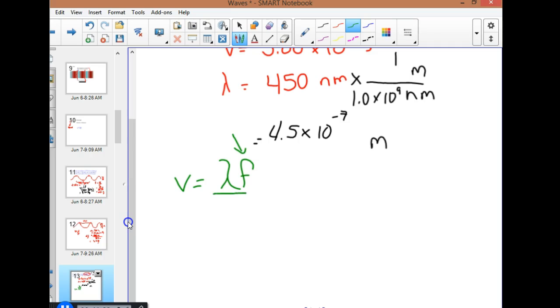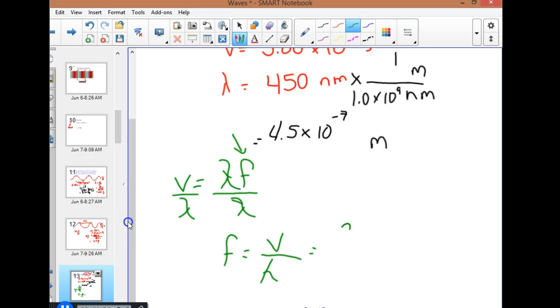I would personally divide each side by wavelength, since wavelength divided by wavelength is 1. So my formula for calculating frequency is velocity divided by the wavelength. You could put in the numbers for the original calculation and just solve for that. It should lead you to the same destination.